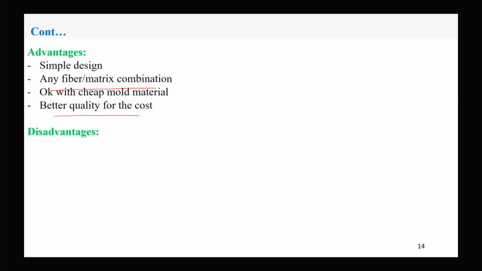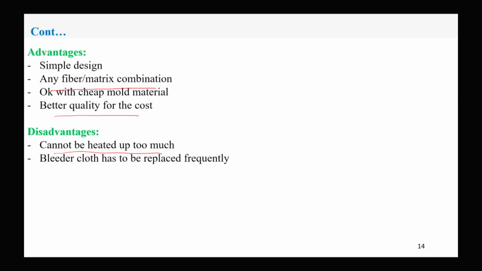The main disadvantage is that it cannot be heated up too much because of the different types of layers present, and the bleeder cloth has to be replaced frequently because it will get soaked with the matrix. Low pressure, we cannot have pressure higher than the atmospheric pressure, 760 millimeter mercury, and slowest speed.